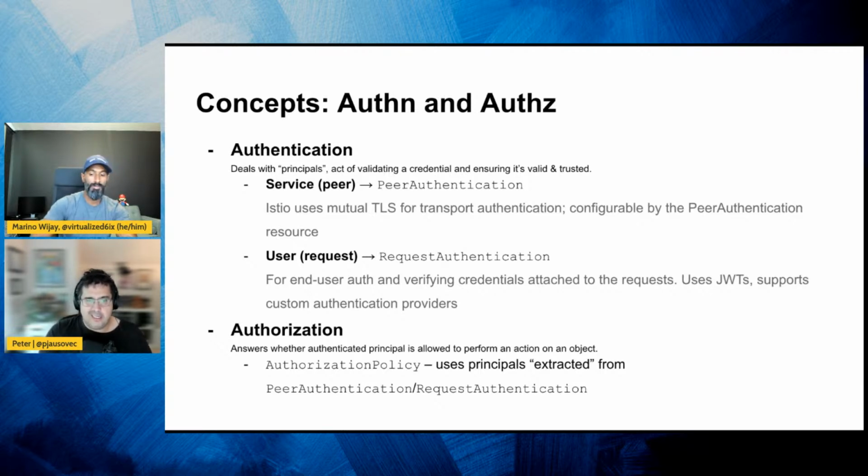It basically checks the JWT. You can ensure that the JWT you get back is verified and validated against specific keys, and then you can configure it to attach and pass that JWT and the claims over to the requests that are flowing in your mesh.